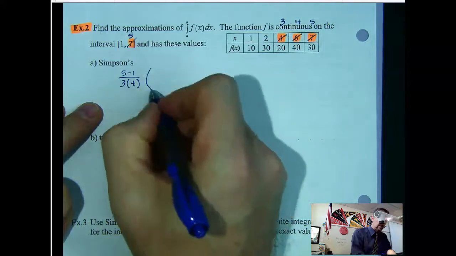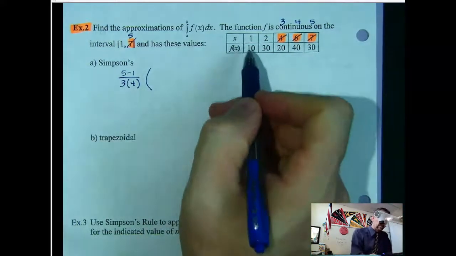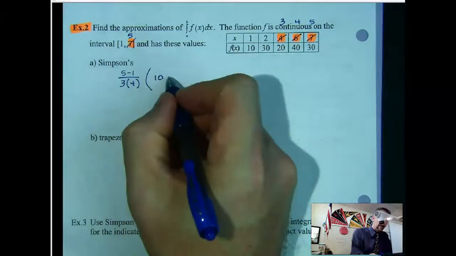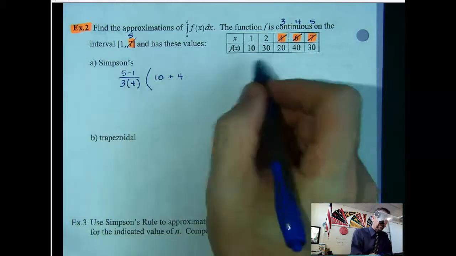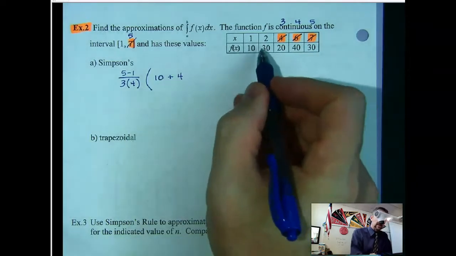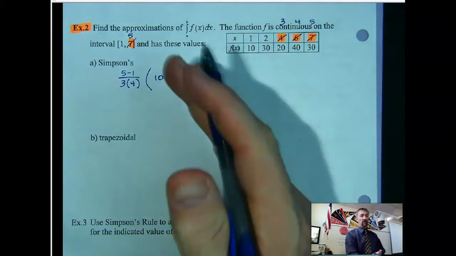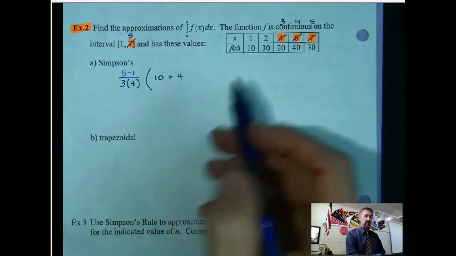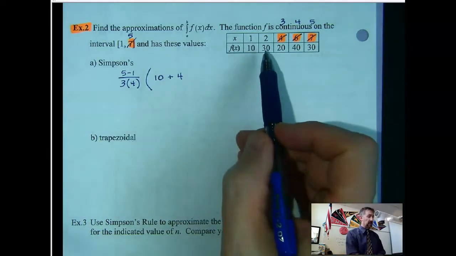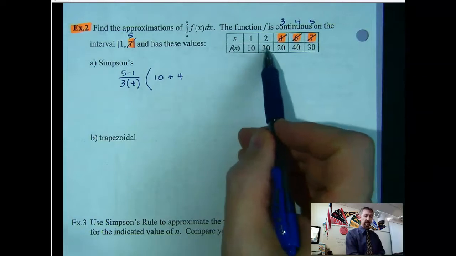And then we multiply it by the value of the first one, so that's going to be 10 plus 4 times the value of the next one. Now in the other problem we had to calculate what we were going by in between, but here we have those values.